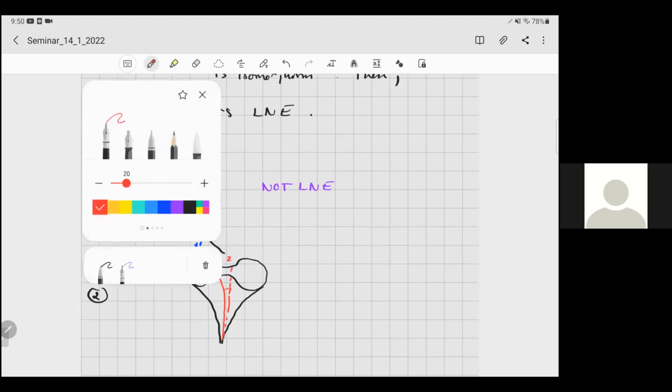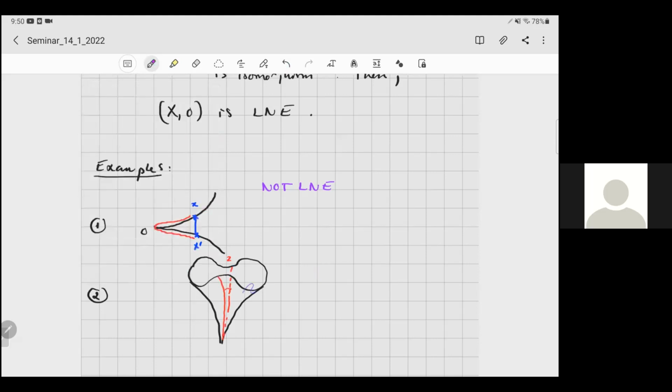We take two points here. For the outer metric, we go in this direction. For the inner metric, maybe we do not go through the origin, but we have to go around like this. It's easy to check that the inner metric and outer metric are also not bi-Lipschitz equivalent.